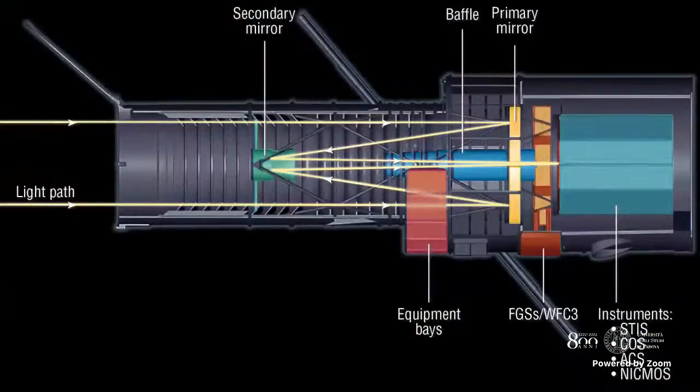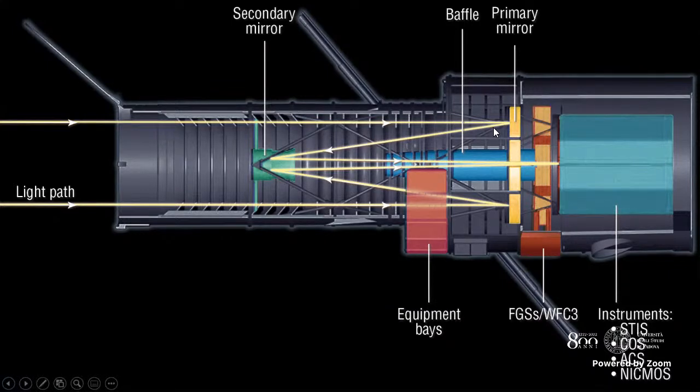Basically, the mechanism of Hubble is that the light is gathered in this hole, and it travels to the primary mirror, which is here, the yellow one. The primary mirror is not a flat mirror, because the type of this telescope is Ritchey-Chrétien.